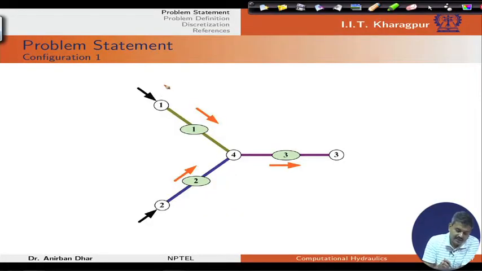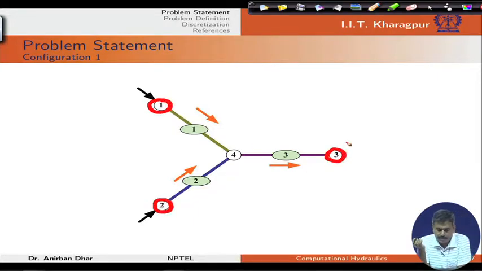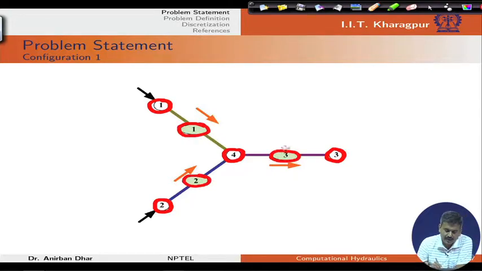So, in this case we will consider that we have 1, 2 and 3, these are junctions or boundary junctions, and number 4, which is an internal junction point. So, we have 3 channel reaches 1, 2 and 3 and 4 junction nodes, out of that 3 are boundary junctions.